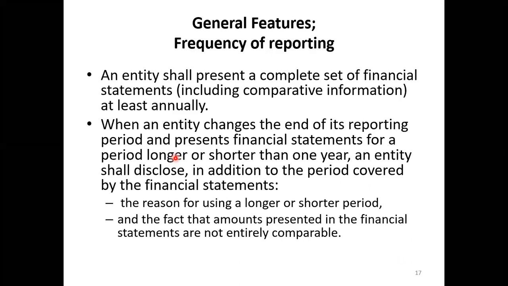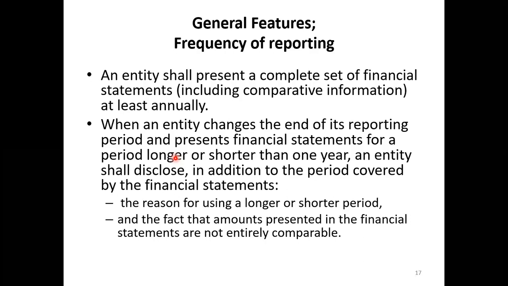Frequency of reporting. Right, every 12 months an entity discloses its financial information and prepares financial statements. An entity shall present a complete set of financial statements, including comparative information, at least annually, simply 12 months.